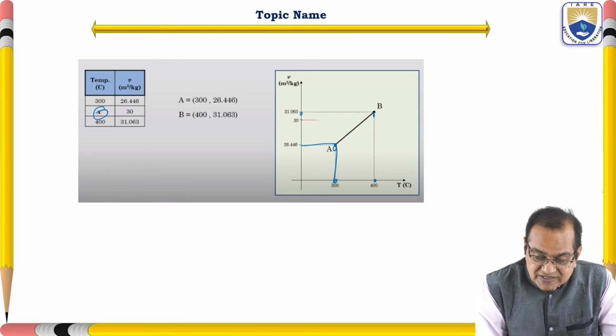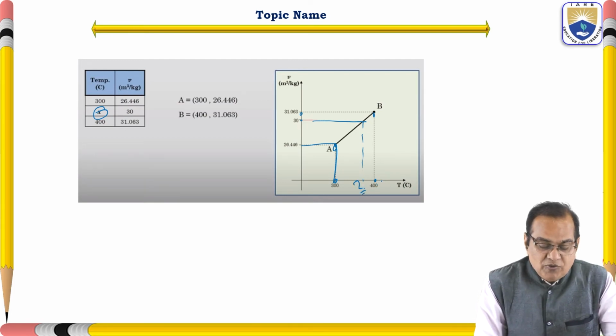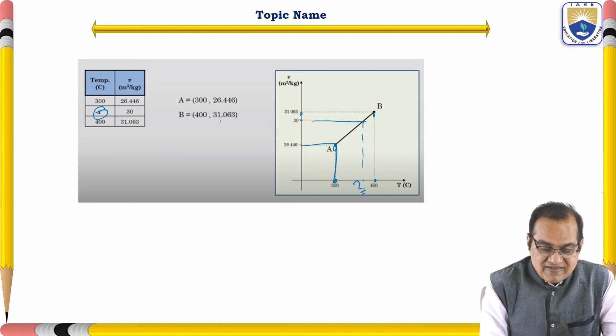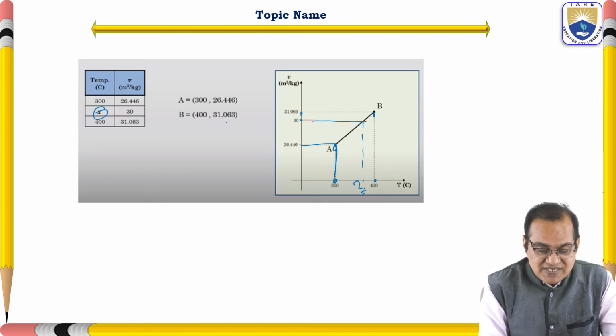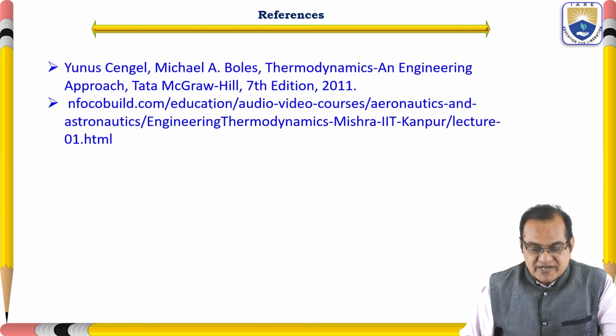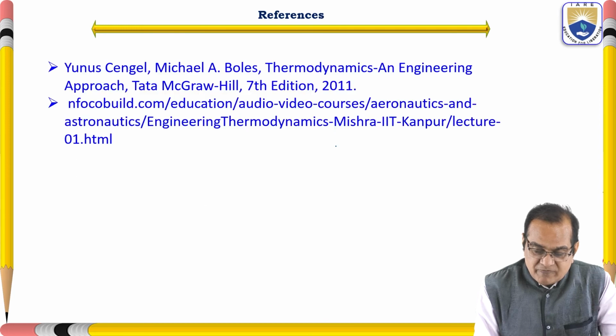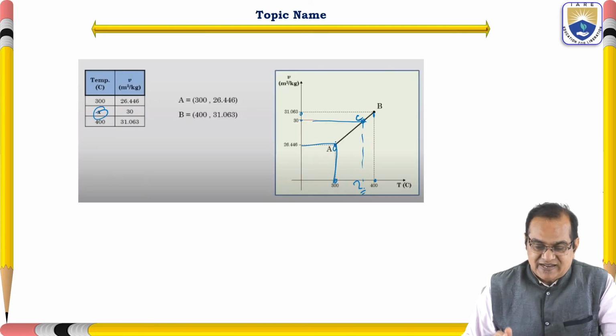So at this, what will be the temperature? This we have to find out. How can you find out? It is called interpolation. So A is given, B is given, and you can find out C, that point, by the linear line.